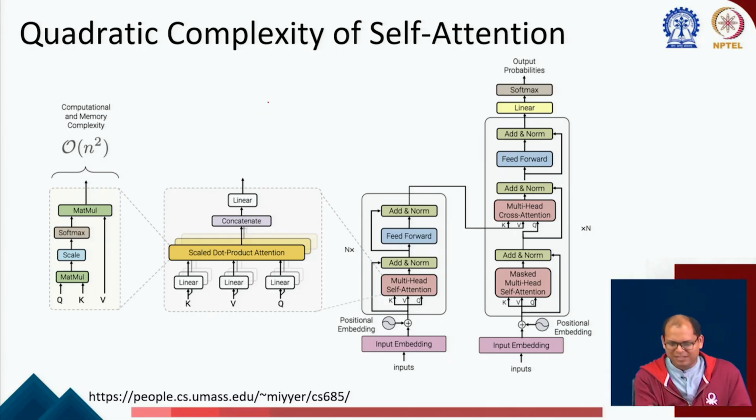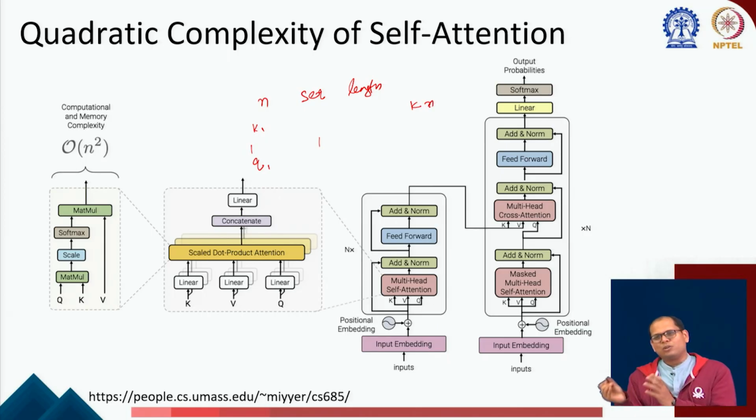So if n is my sequence length, I am multiplying queries. Each word will give me a query, and each query will be multiplied to all the n keys, right. So one query gets multiplied to all the keys, and that's what I do for all the queries separately, right. And that's where I get this n square matrix, right.